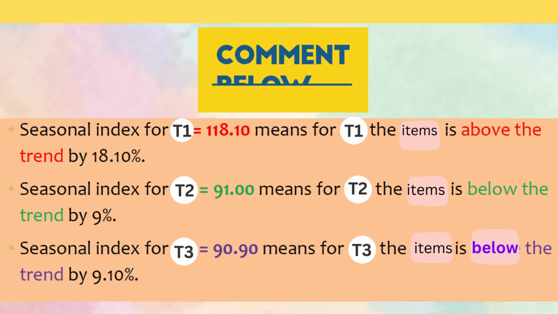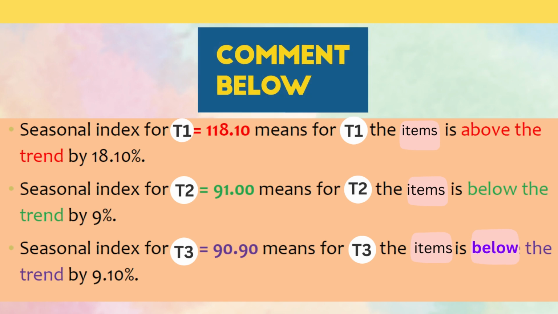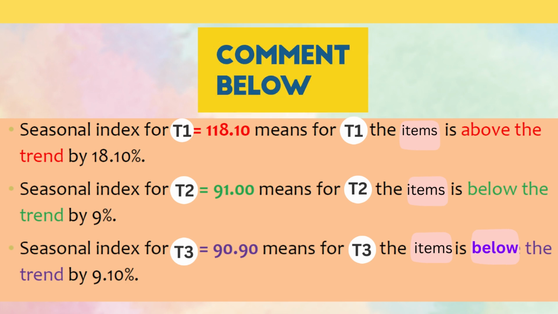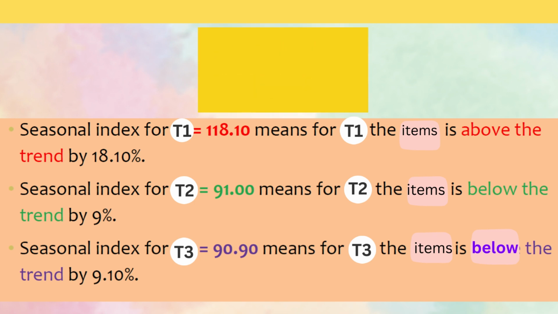For seasonal index term 1, the answer is 118.10. This value is greater than 100, so the items are above the trend by 18.10%. For seasonal index term 2, the value obtained is 91.0. This value is lower than 100, so the items are below the trend by 9%.